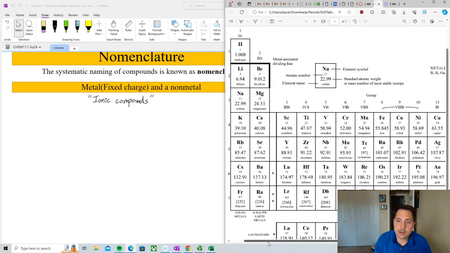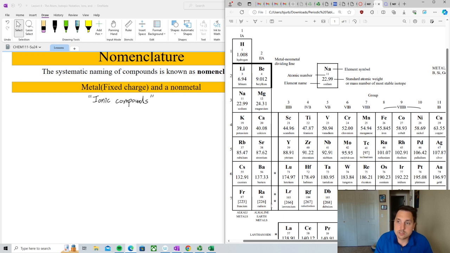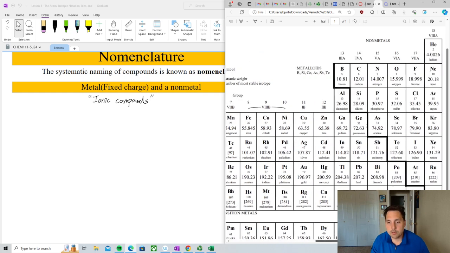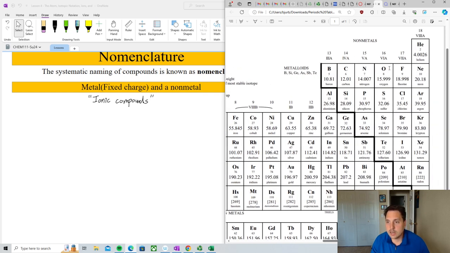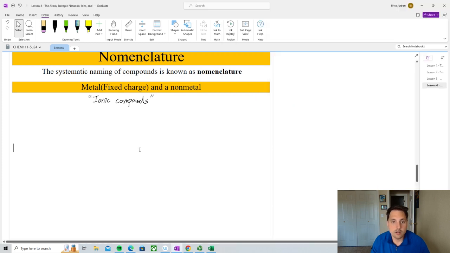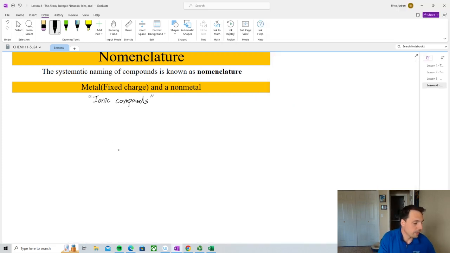Now, if we just talk about these couple metals to begin with, because there's so many elements to talk about, all of these form compounds with groups over here, like nitrogen, oxygen, and fluorine. And so these nonmetals, the things that are to the right of this staircase, are really easy to name. All right, so that's why we're starting here.